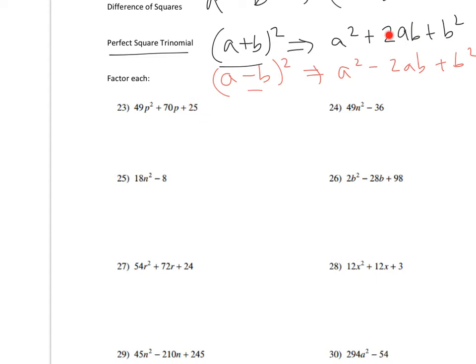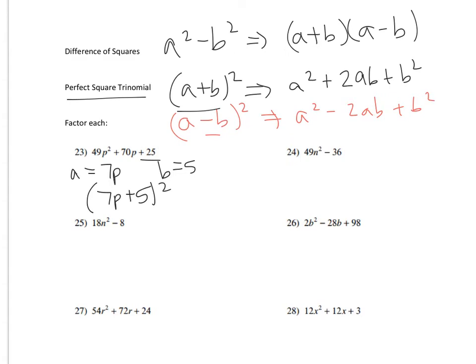And the 2ab is, if a is 7p and b is 5, if I multiply 2 times a times b, 2 times 7p times 5, do you get the middle one? You do. So we know it has to be a perfect square trinomial. So this is going to factor into 7p plus 5 squared, based on the formula up here.